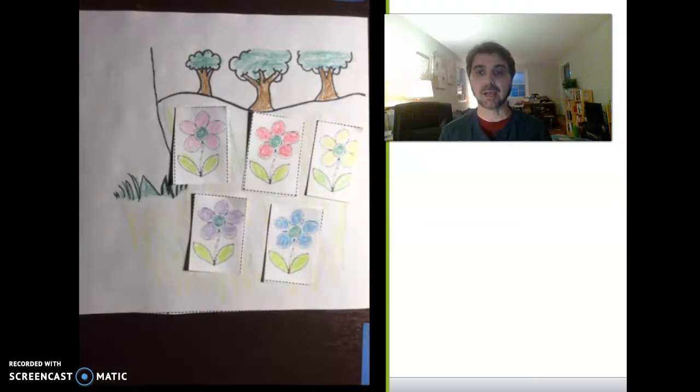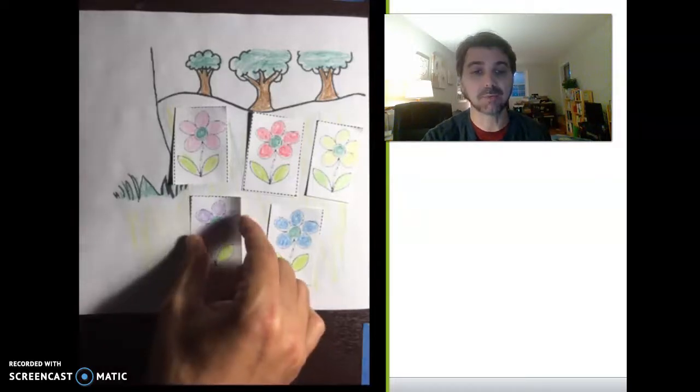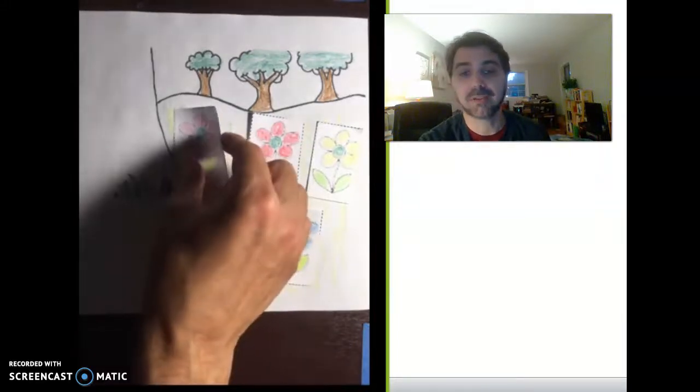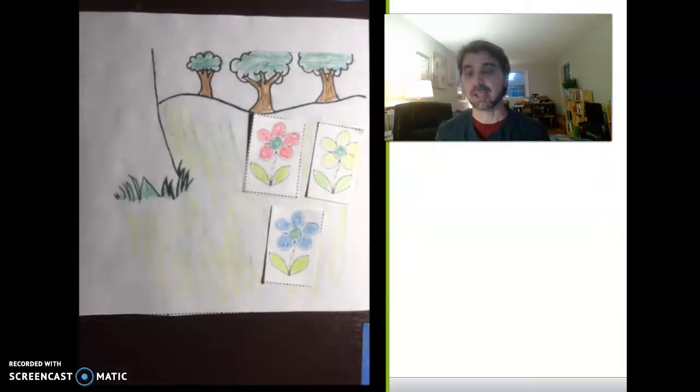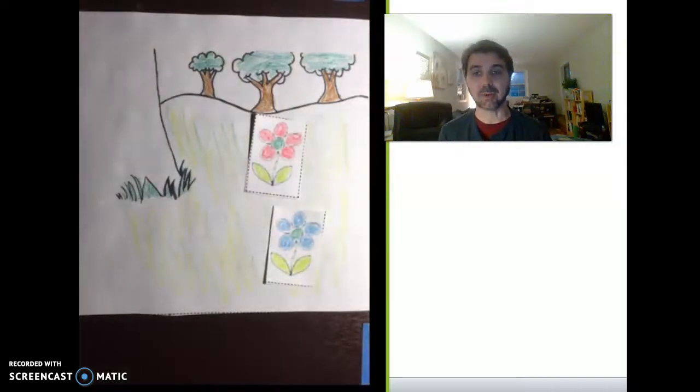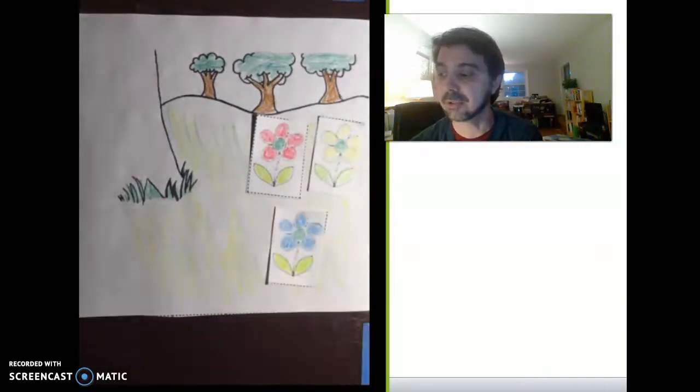Let's say that a rabbit comes along and eats 3 flowers. This rabbit's even bigger. So the rabbit eats the purple flower, yum, yum, yum. And the rabbit eats the pink flower, yum, yum, yum. And the rabbit eats the yellow flower, yum, yum, yum. How many flowers are left? 2 flowers. So we had 5 flowers.